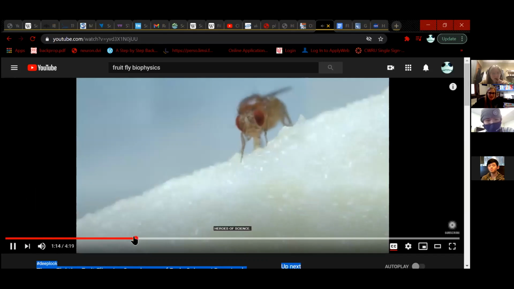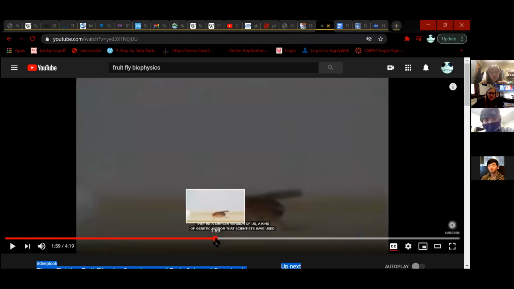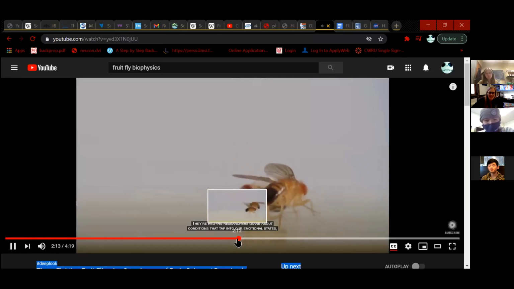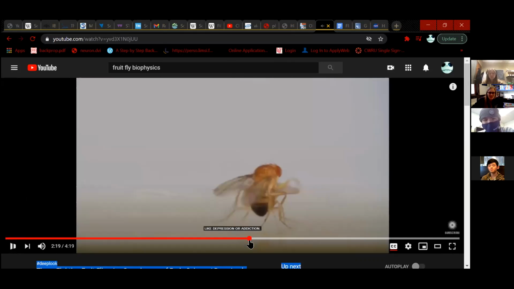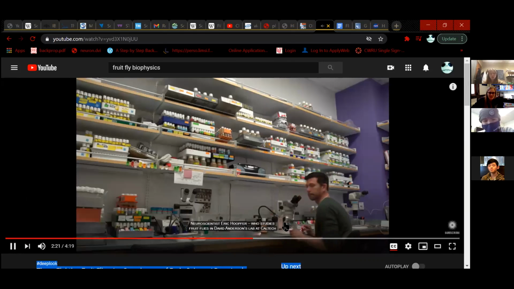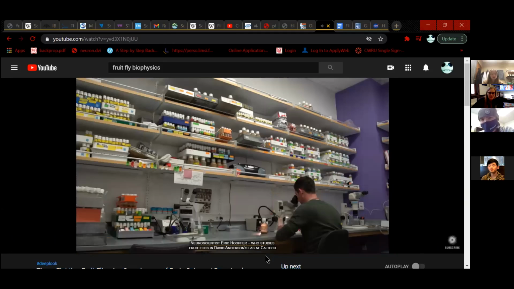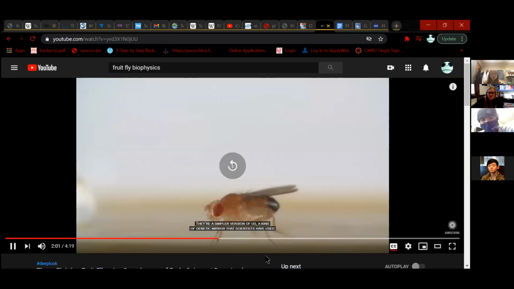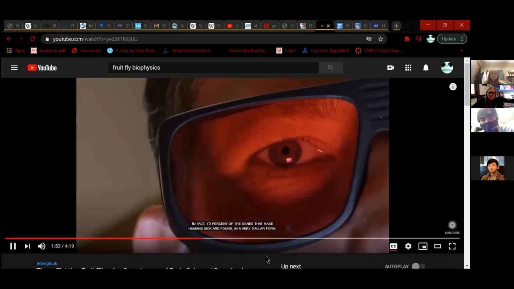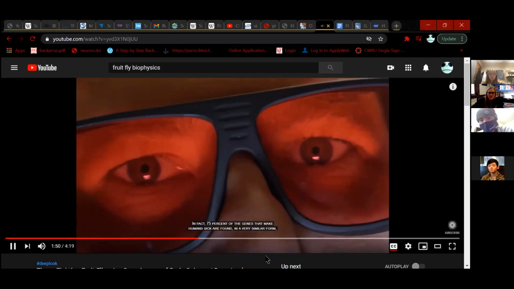Essentially, they were looking at fruit flies fighting each other, similar to behavior that you would see in humans. And they were looking at things like depression and addiction. And the way they get them to fight each other is by shining light at them.